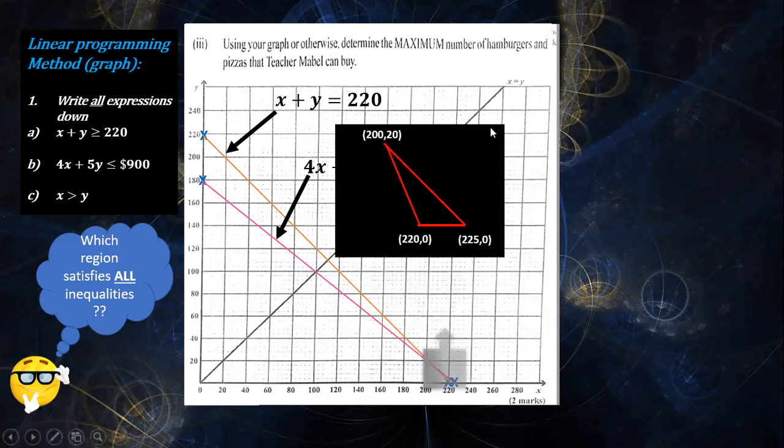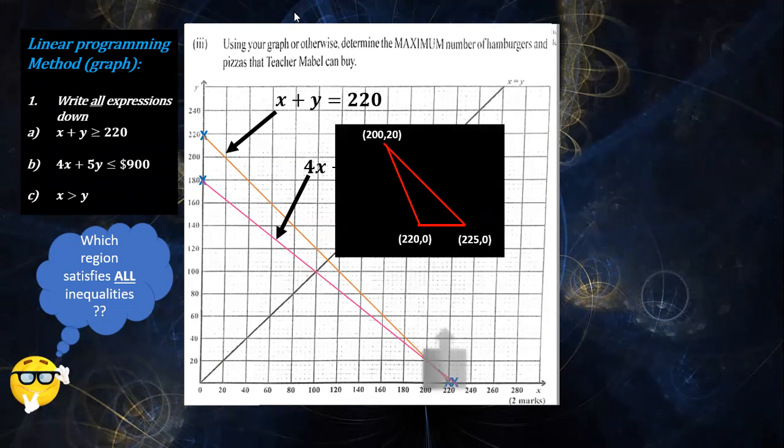The vertices are 220, 220, 220, 0, and 225, 0. In other words, this small region is like a small triangle, where these are the vertices. And with linear algebra, we look at the vertices of the shape to help us with the rest of the question.